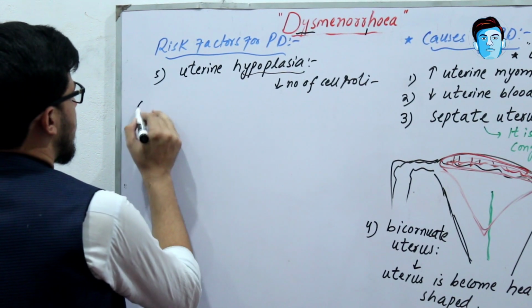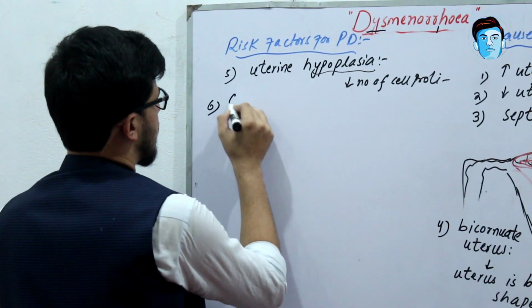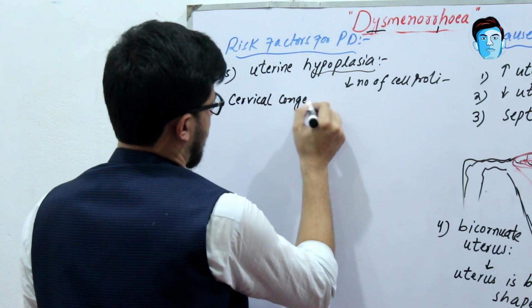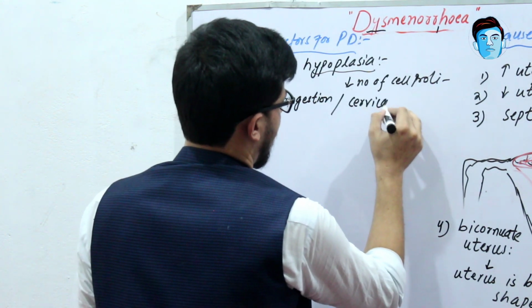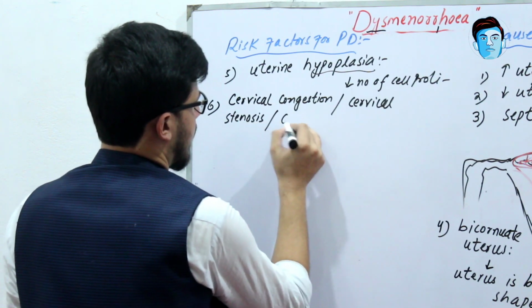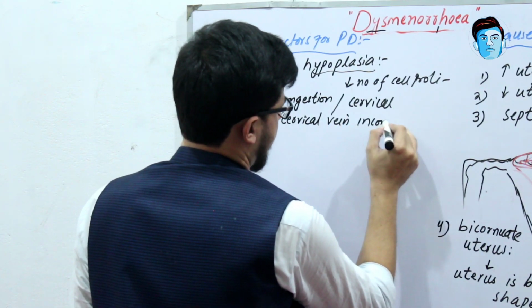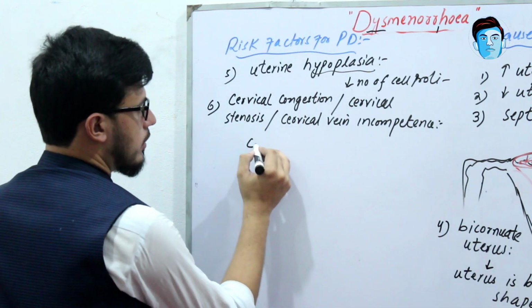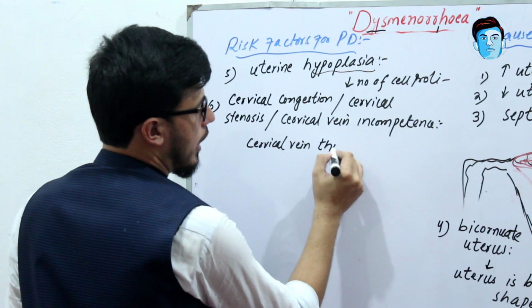Now another cause for primary dysmenorrhea is called cervical congestion, which is also called cervical stenosis or cervical vein incompetence. Here, the cervical vein becomes thick and twisted.